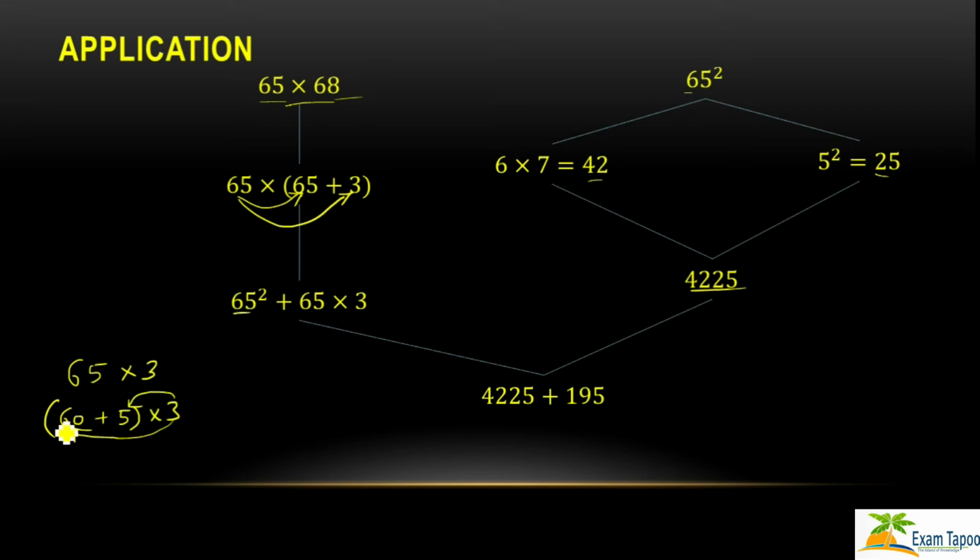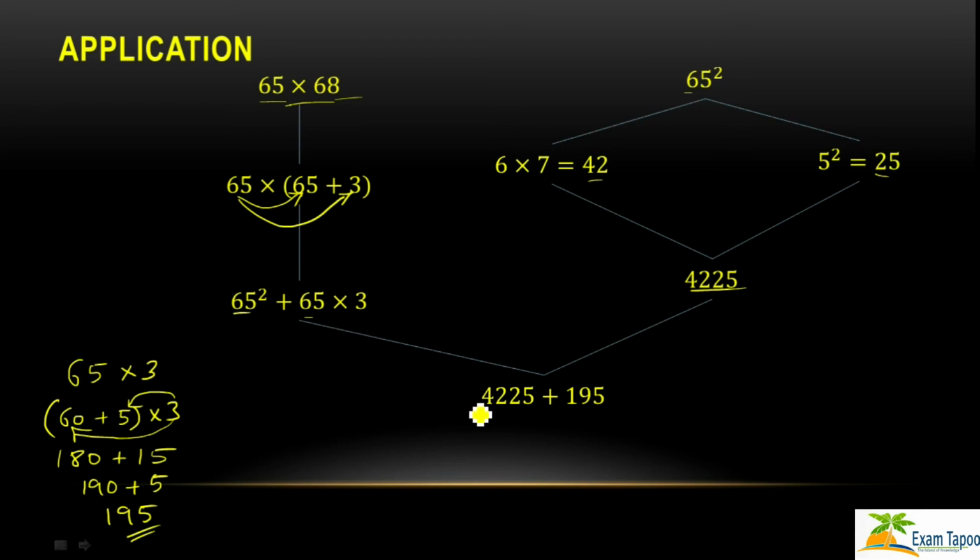So 3 times 6 is 18, that is 180, plus 3 times 5, which will give you 15. So 180 plus 15: first add 10, so it will become 190, plus 5, this will give you 195. The calculation that I am doing here has to be done mentally. I am writing here for the explanation purpose, but at your end you have to do this calculation mentally. So we got 195 as 65 times 3.